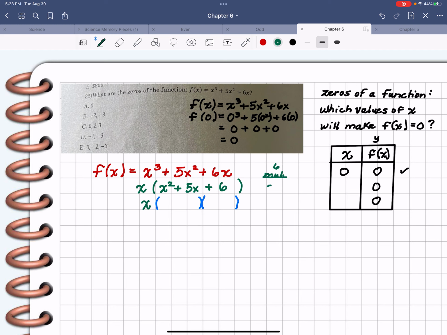So we could say 1 times 6. We could say 2 times 3. And I like that 2 times 3 because if I add 2 and 3, I end up with 5, positive 5. And that's what we want to do.